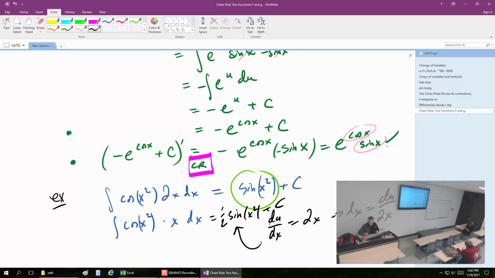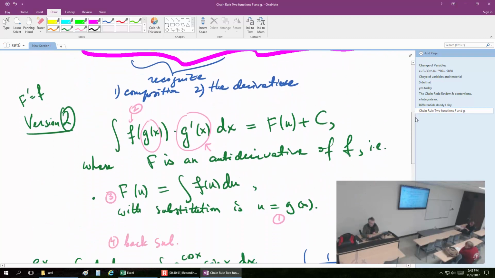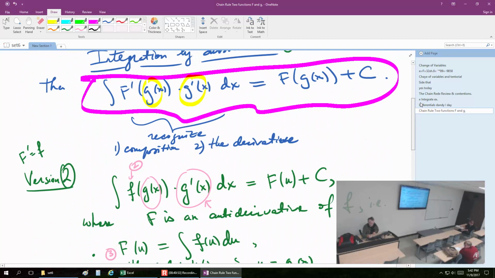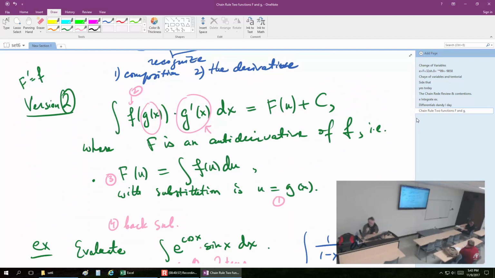So I want you to also see this formula, and compare it to the formula for the linear substitution.